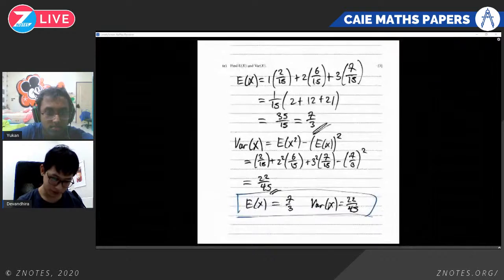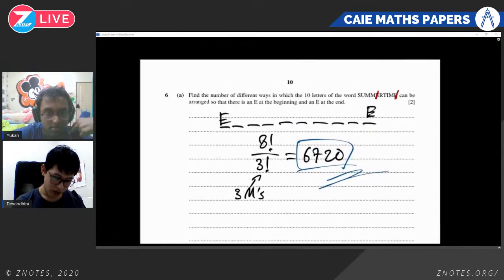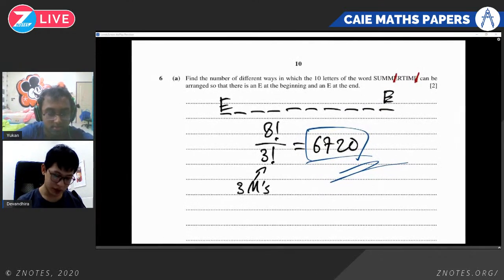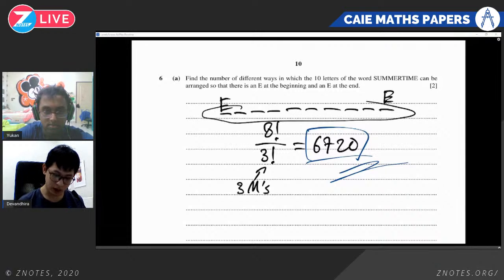Right. Next question. Find the number of different ways in which the 10 letters of the word summertime can be arranged so that there is an E at the beginning and an E at the end. Right. So since there are 10 letters, I've written 10 slots right here.